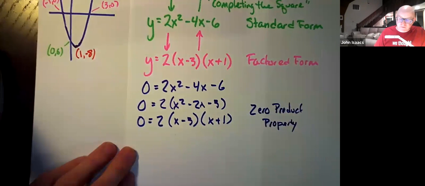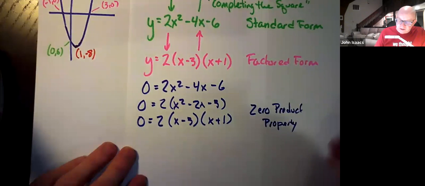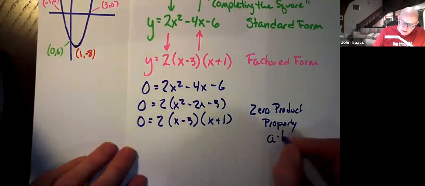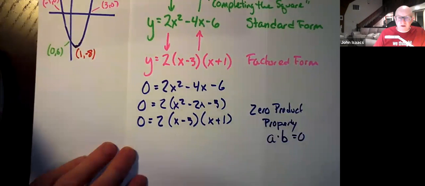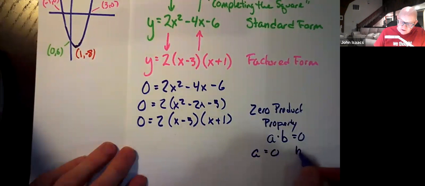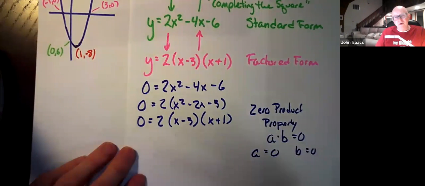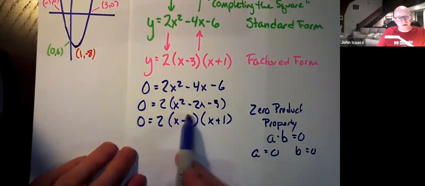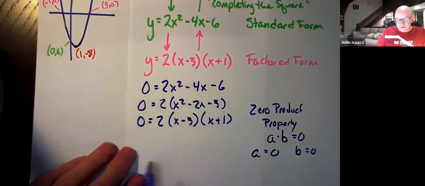So zero product property basically says that if a times b equals 0, well then either a or b must be equal to 0. So you can set a equal to 0 and solve, and b equal to 0 and solve, and you'll get your two values. So in this case, this is a, x minus 3, and x plus 1 is b.